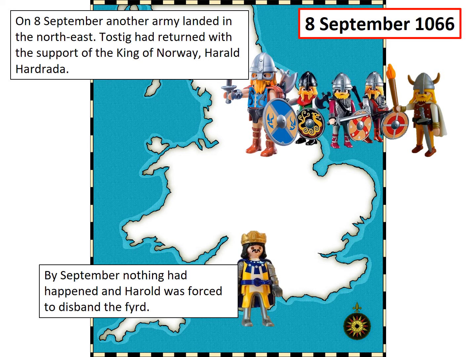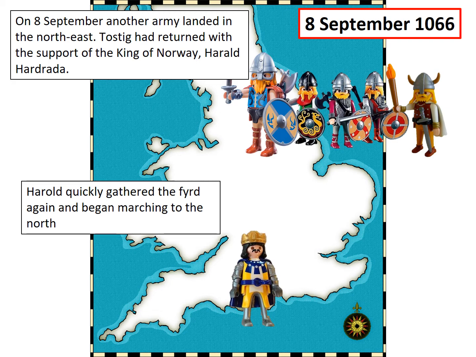And with their Vikings, they land on the 8th of September. And you will remember from the previous video, Harald Hardrada has a claim to the throne. Has a claim to the throne through Harthacnut. So he lands to take the throne of England with Tostig Godwinson in September.